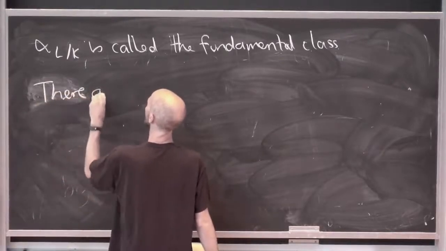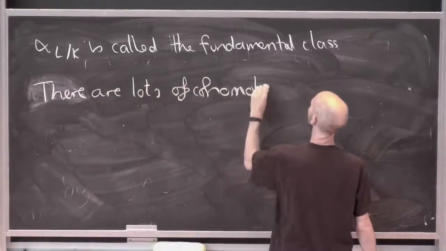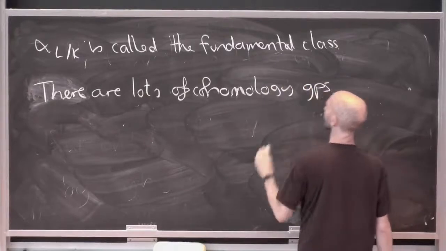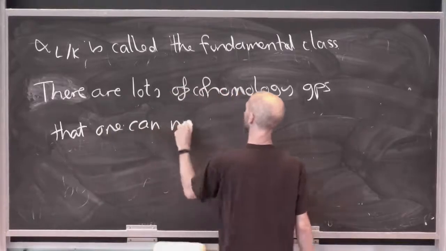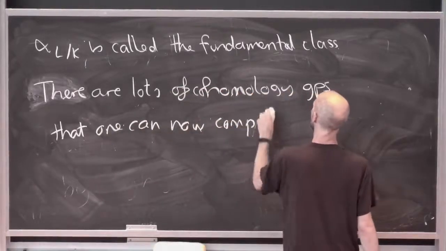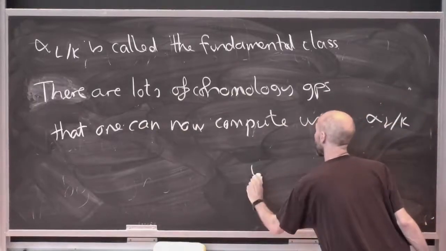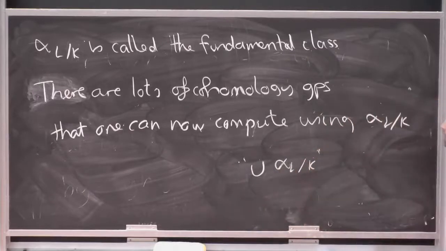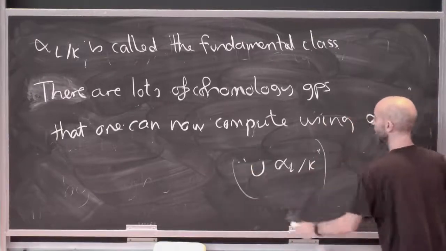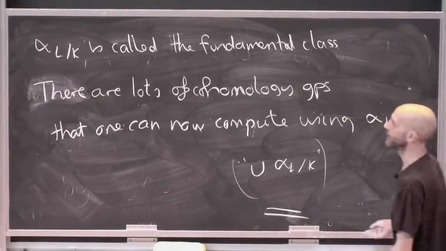There are lots of cohomology groups that one can explicitly work out, that one can now compute using alpha L over K. In particular, cup product with alpha L over K is a map between cohomology groups that in many cases is an isomorphism. So that's all I'm going to say about local class field theory, but for the vast majority of you, that might be all you'll ever need to know.